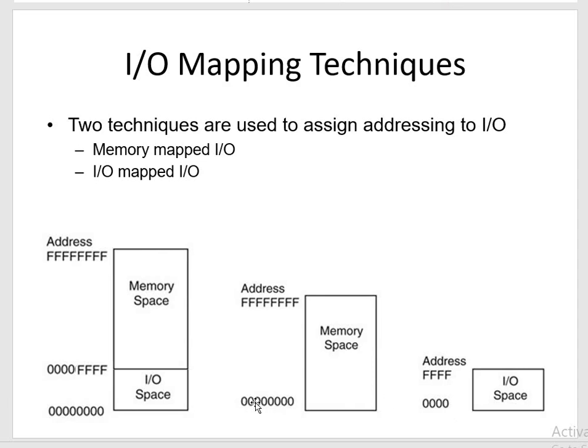So two different addresses are there with all bits equal to 0. So we have to use a different instruction to access the data from the memory as well as from the IO space in case of IO mapped IO. But in case of memory mapped IO, we use a different range to assign the addresses to IO as well as to memory. So this whole capacity can be accessed through one set of instructions. So this is all about memory mapped IO.